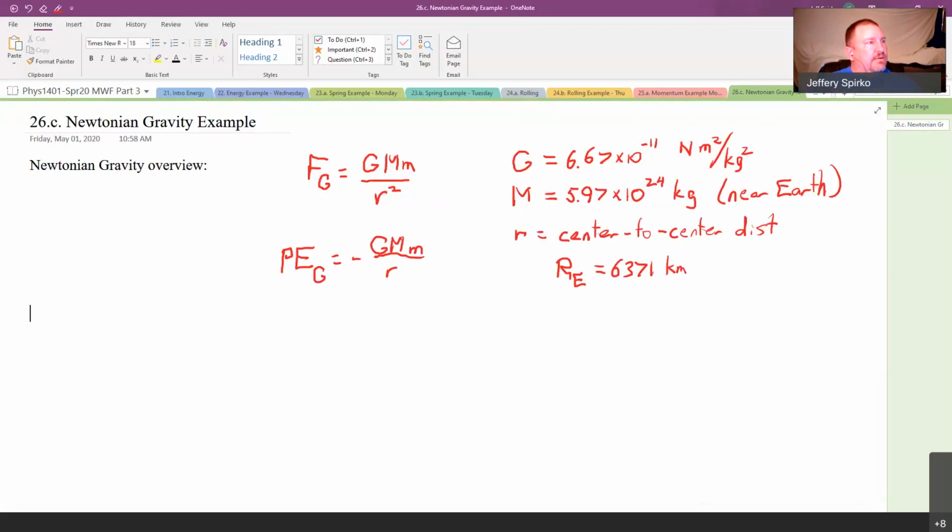I need to get my little calculation window going here.